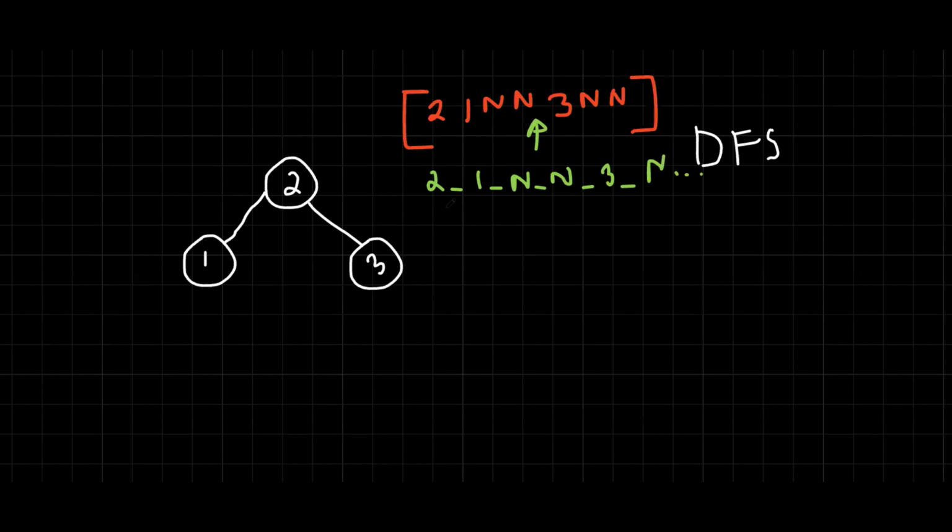Now, as we are using a space between the characters, these individual characters will be considered as individual words in the string stream. So now let's iterate the string. At first we are at this node 2. Here we have to make a node by using this value 2.